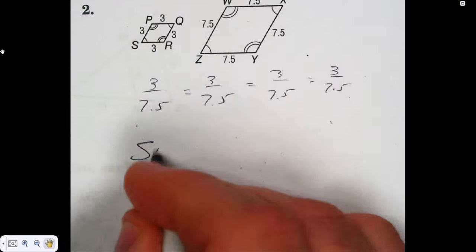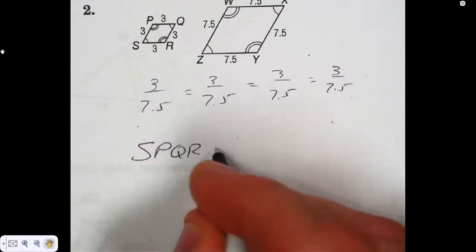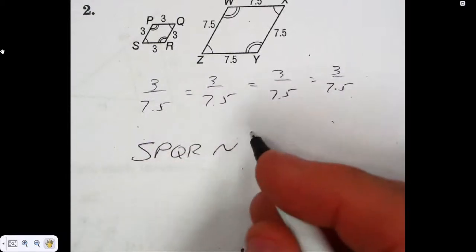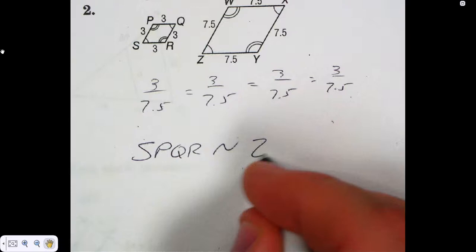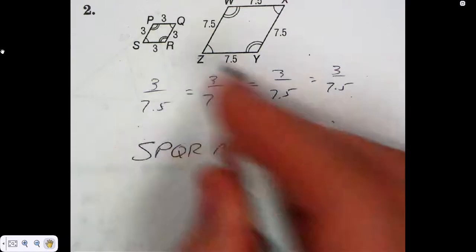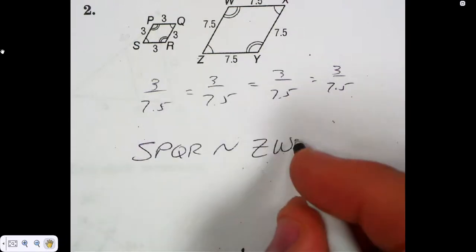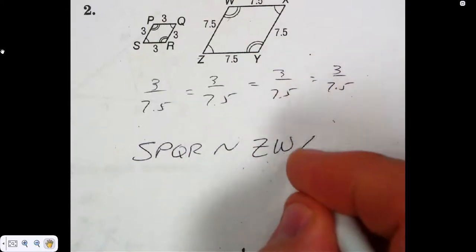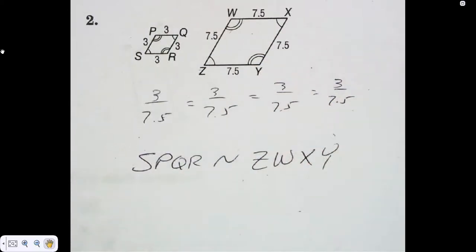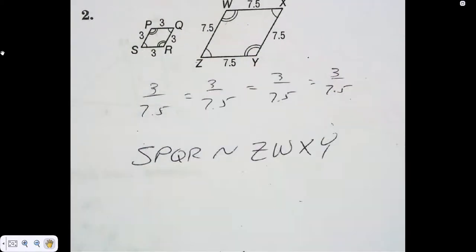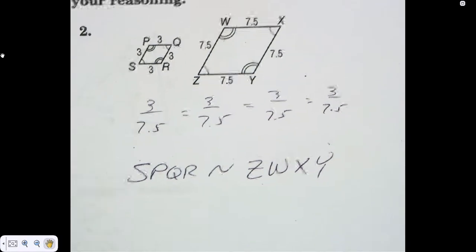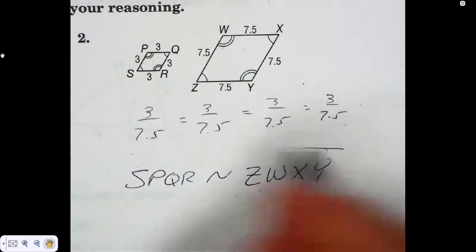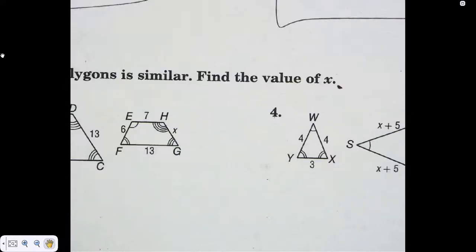So all we say is SPQR is similar to, if I said SPQR, what do I have to do next? Z, W, because that's the 2 mark, right? XY. And you could probably do the other direction too, realistically on this one, because it's a parallelogram, but that's your similarity statement.